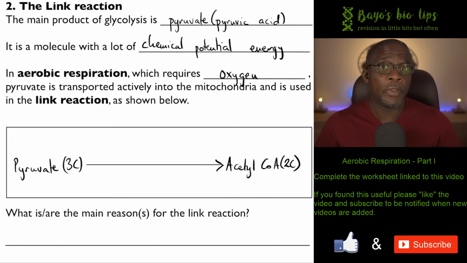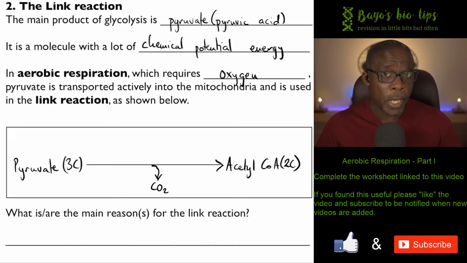So something must have happened in between. Can you figure out what that something is? Basically, you must have released a carbon atom, and that carbon atom is going to be released within carbon dioxide.